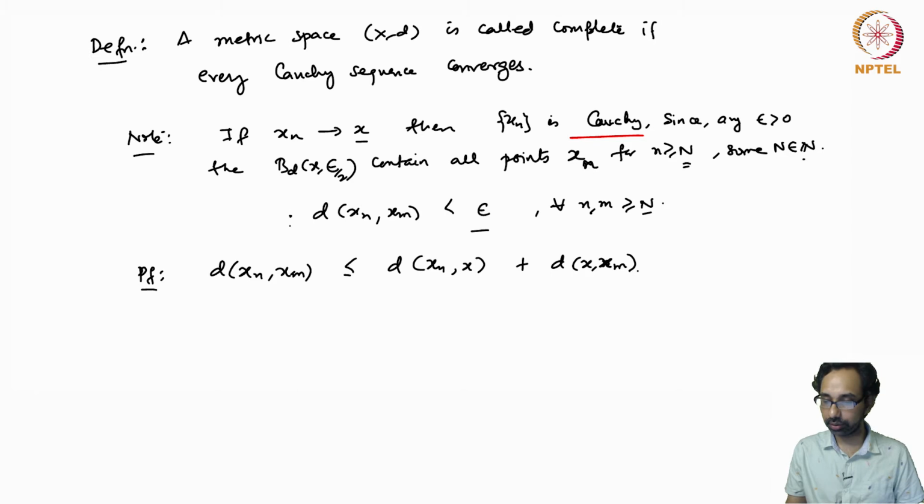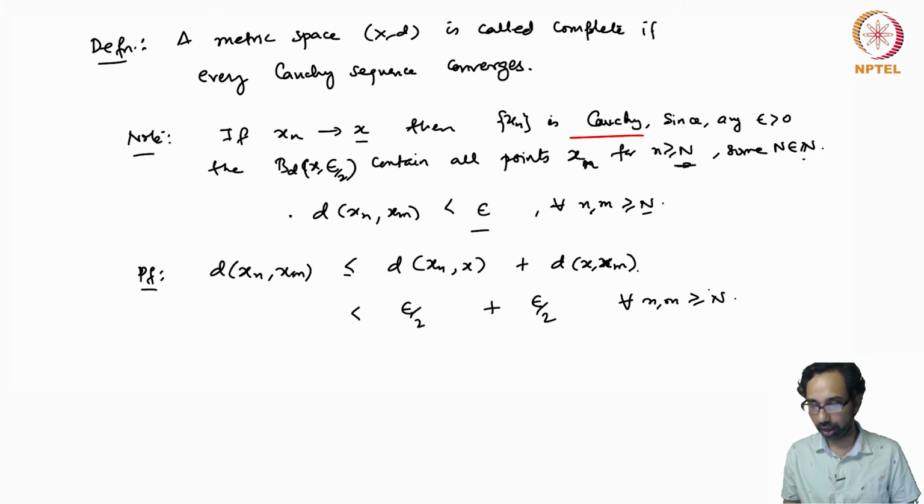So for epsilon by 2 radius, we have chosen this natural number capital N, and now both d(x_n, x) is less than epsilon by 2, and so is d(x, x_m).